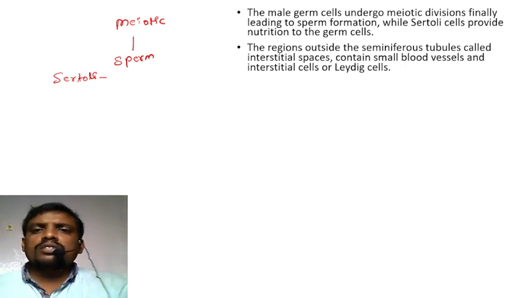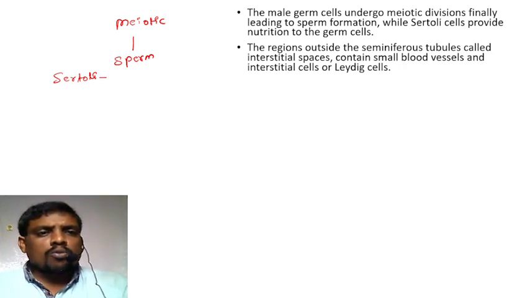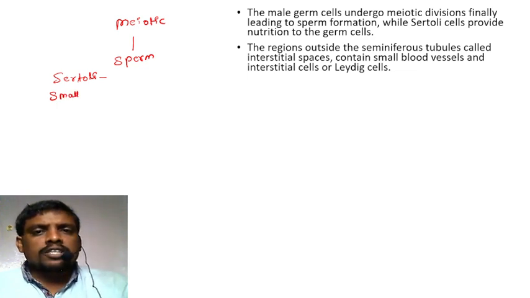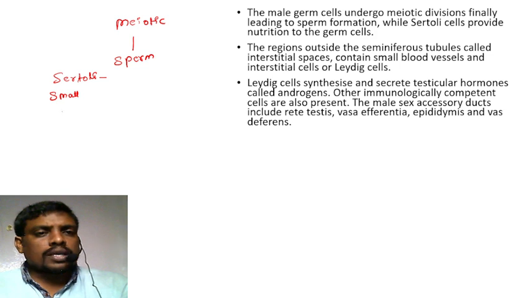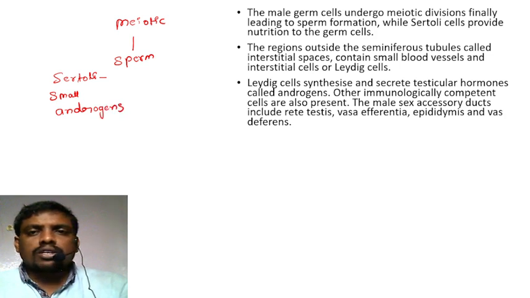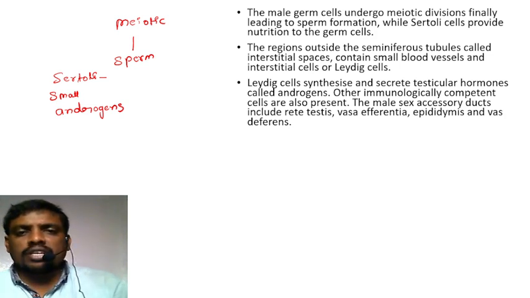The region outside the seminiferous tubules is called the interstitial space and contains small blood vessels, interstitial cells and Leydig cells. Leydig cells synthesize and secrete testicular hormones called androgens, and they have other immunological functions too.